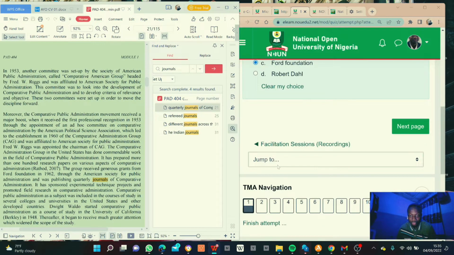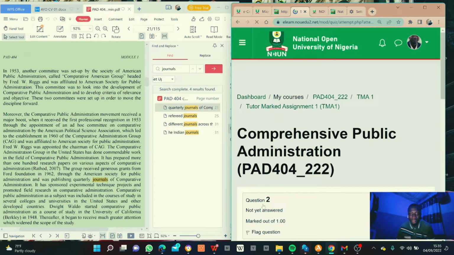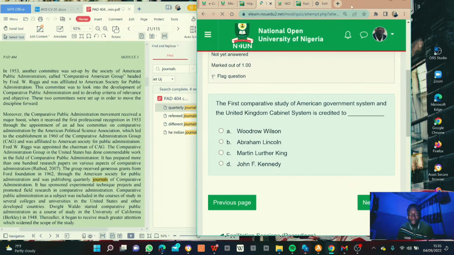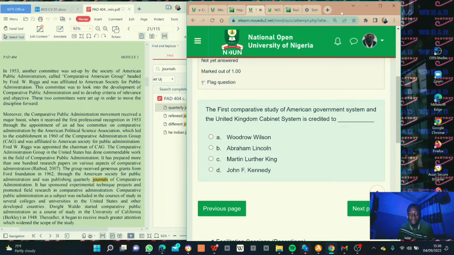Click on question 2 as we proceed. Okay, question 2 says the first comparative study of American government system and the United Kingdom cabinet system is credited to dash.